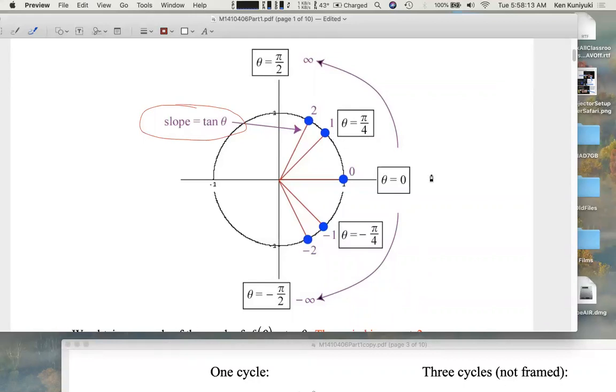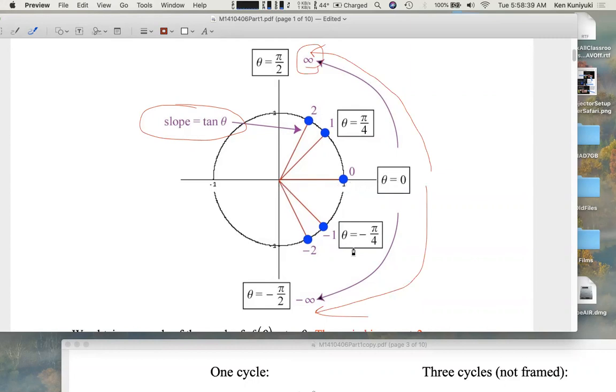And as we increase from 0 up towards pi over 2, the corresponding slopes are increasing from 0 up towards infinity. Likewise, as we go backwards, clockwise, from 0 towards negative infinity, the tangent of 0 is 0 once again.